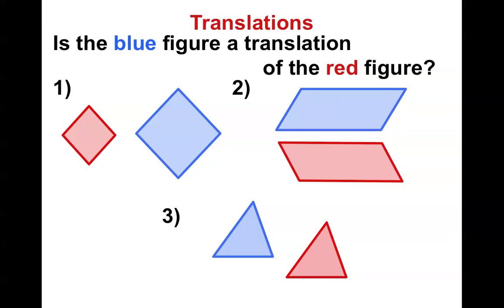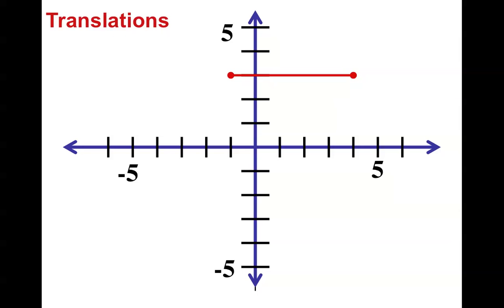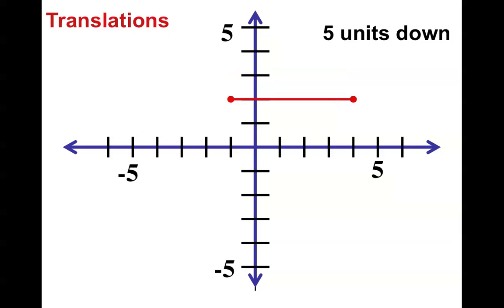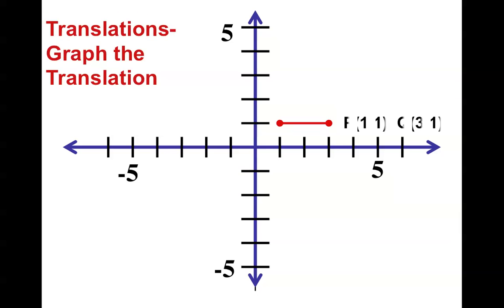All right, let's find out what it is mathematically. So if I have this line and I want to translate it 5 units down, basically what I'm doing is taking the line and moving it 1, 2, 3, 4, 5. And that's it. If I wanted to take this line and move it 2 up, notice how it just simply slides 2 up.